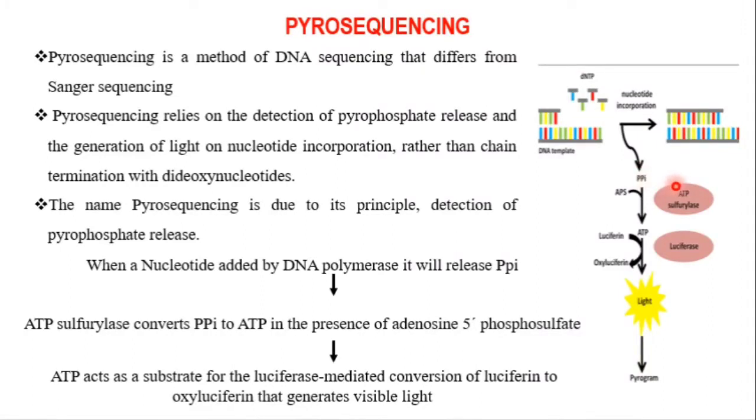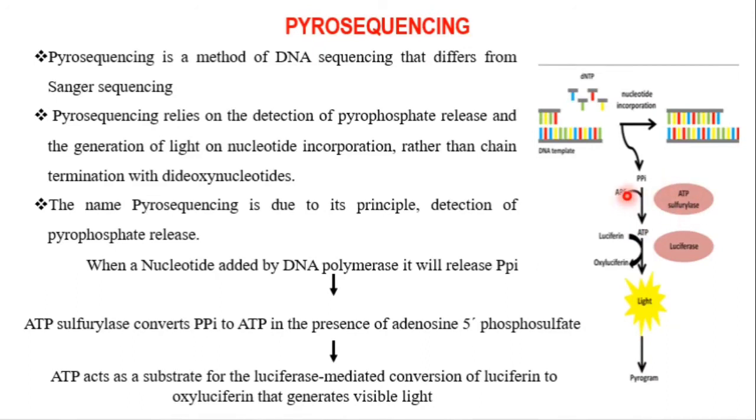reacts with the ATP sulfurylase enzyme in the presence of adenosine 5' phosphosulfate, that means APS. This pyrophosphate, PPi, will be converted into ATP by ATP sulfurylase.